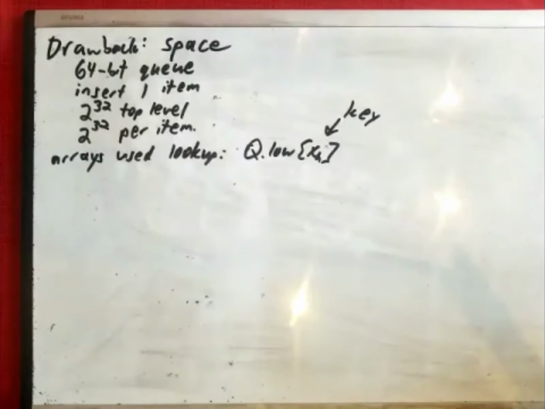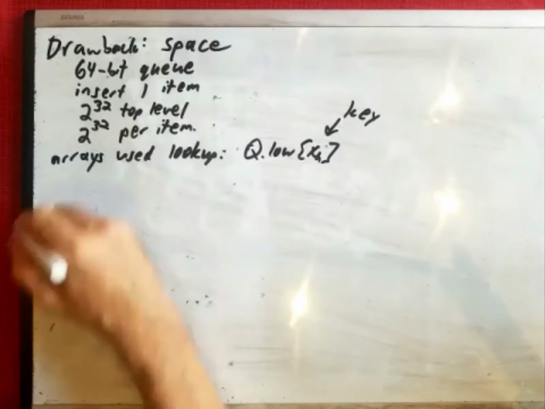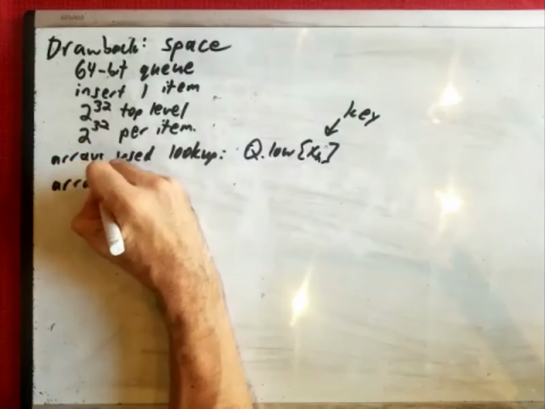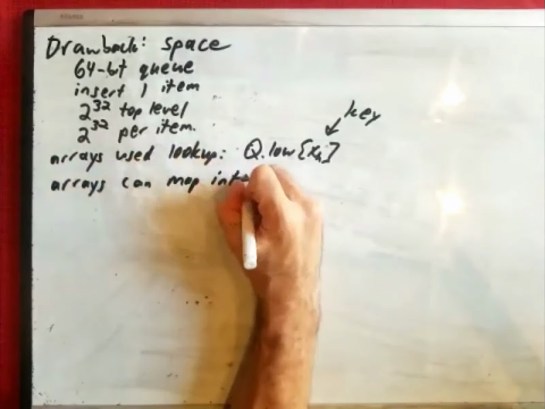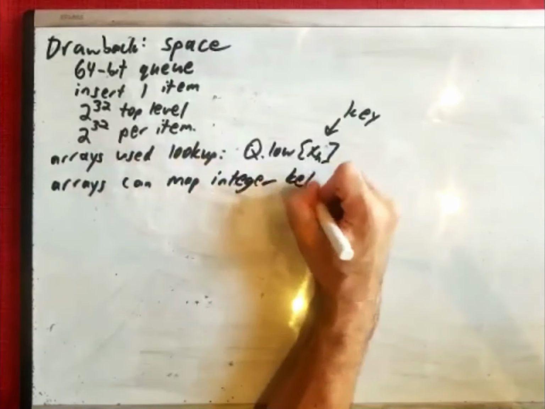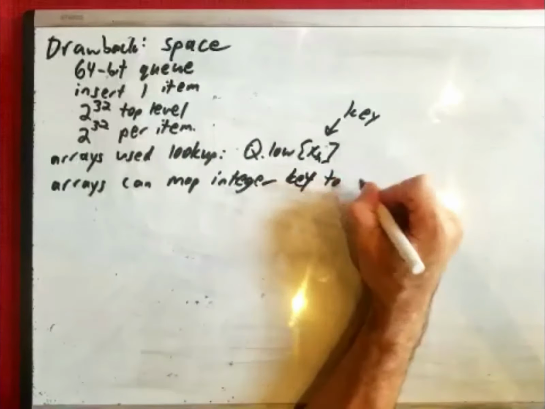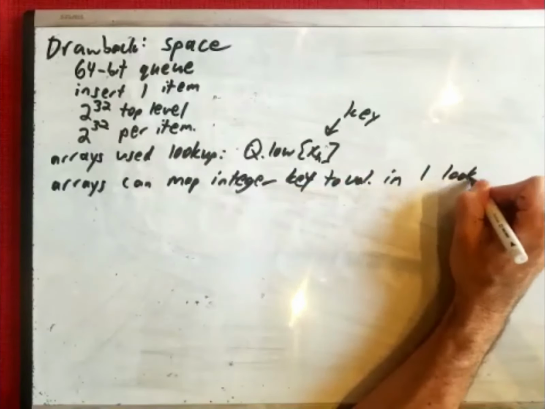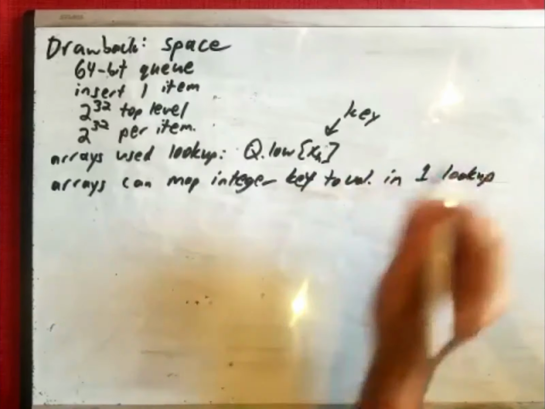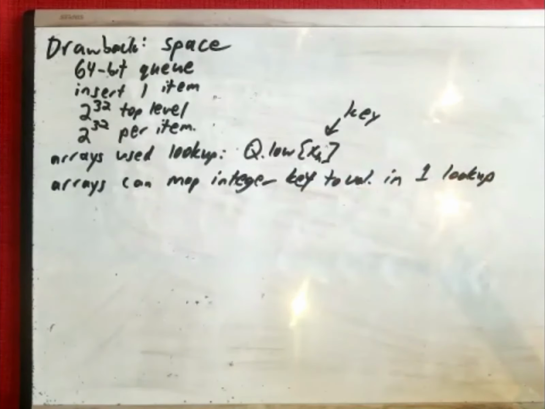And what we all know is that arrays can map an integer key to a value in one lookup. You just use the key as an index into the array, and that tells you the value, or gives you a link, or you can put a linked list hanging off the array if there's more than one thing to store with that key.